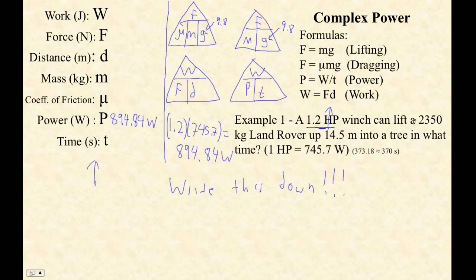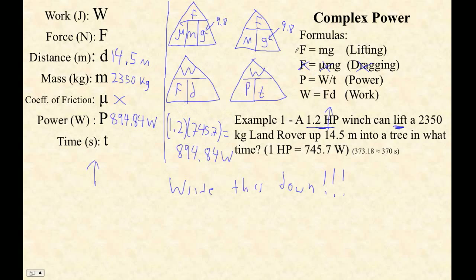Okay, and then 2,350 kilograms, that's my mass. We are definitely lifting it up in the tree, so we're going to ignore the friction formula for now. The coefficient of friction doesn't apply if we're lifting. 14.5 meters must be our distance. Now we're just looking for formulas that we can apply.